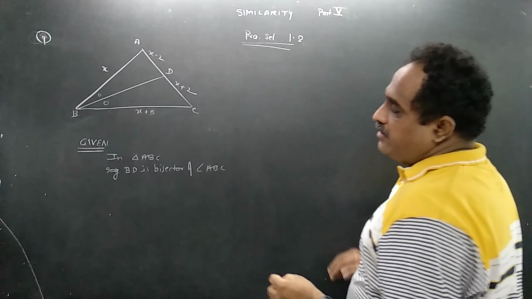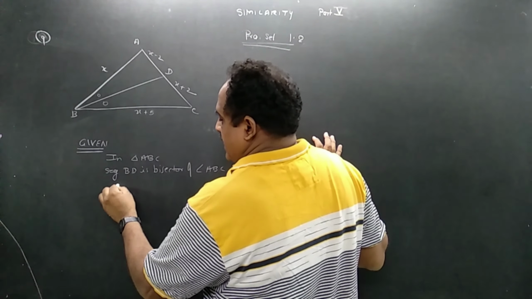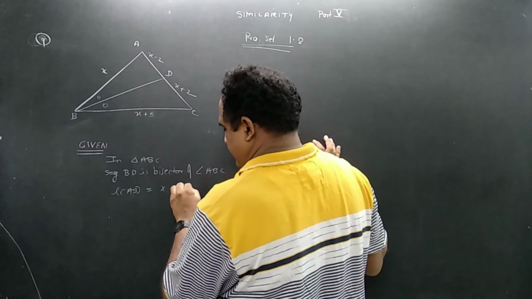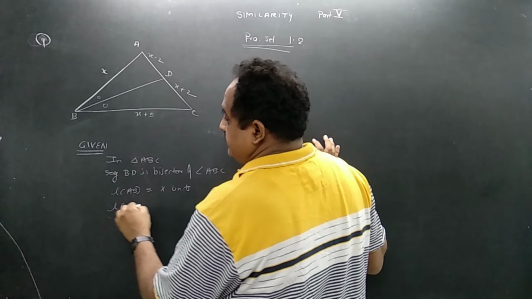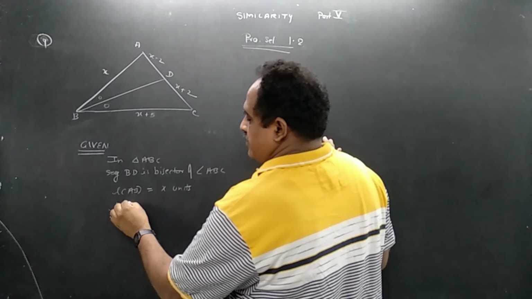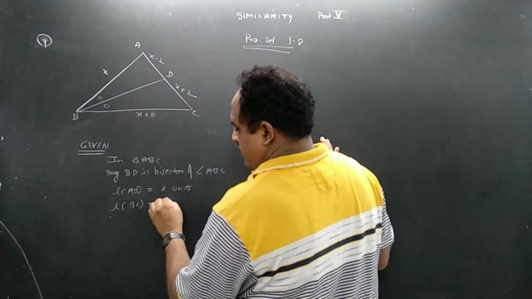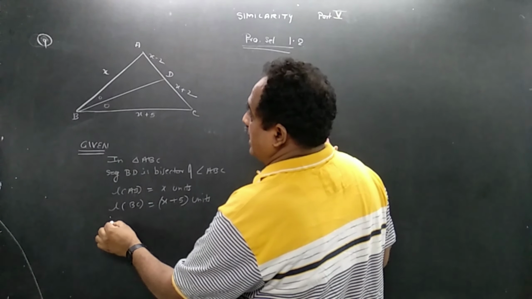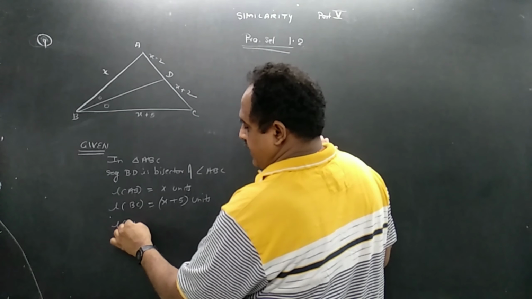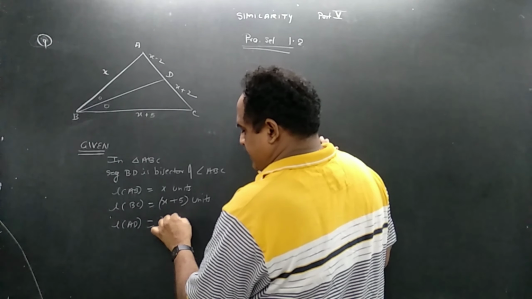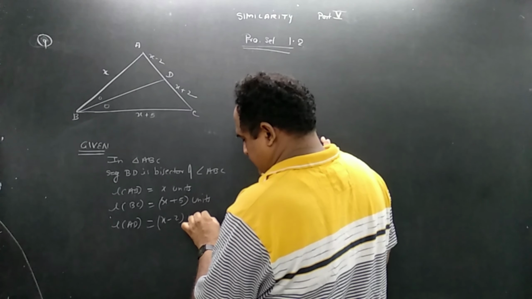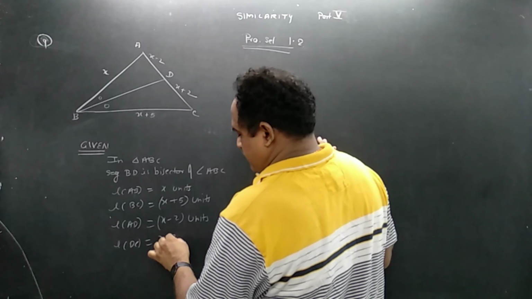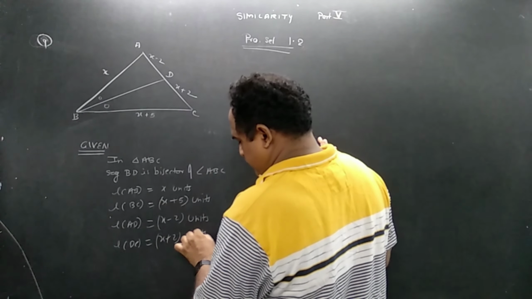Length AB is equal to x units, length BC is equal to x plus 5 units, length AD is equal to x minus 2 units, and length DC is equal to x plus 4 units.